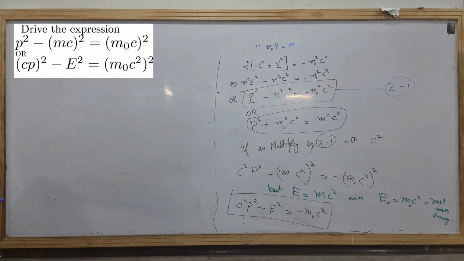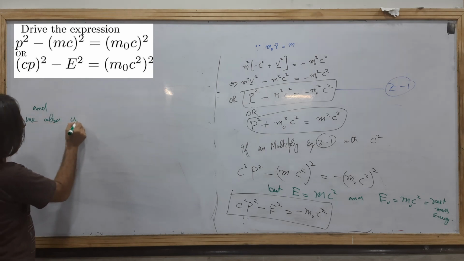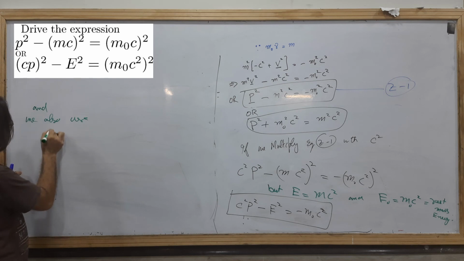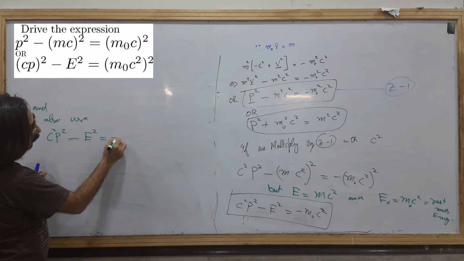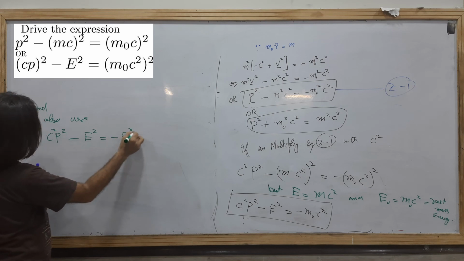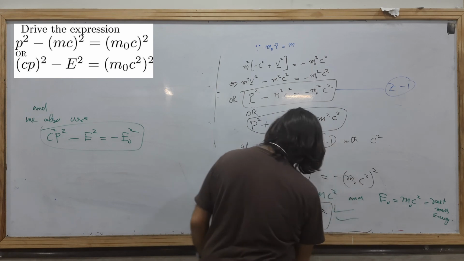And we also use c square p square minus e square equal to minus e naught square, okay, but mostly we use this formula, okay.